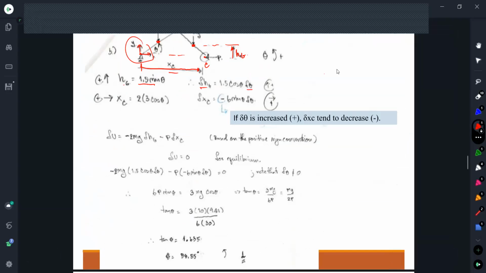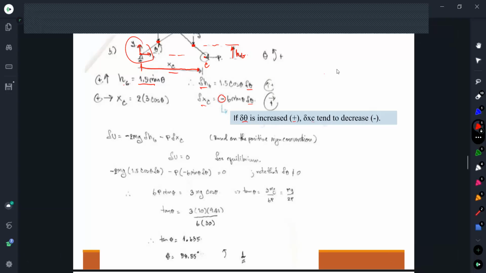Okay, and in the same manner for XC, we have the variation of XC equal to minus 6 sine theta, variation of theta. So from this equation, we found that with the negative sign, if theta is increased, so if delta theta is positive, the change in value of XC tends to decrease.